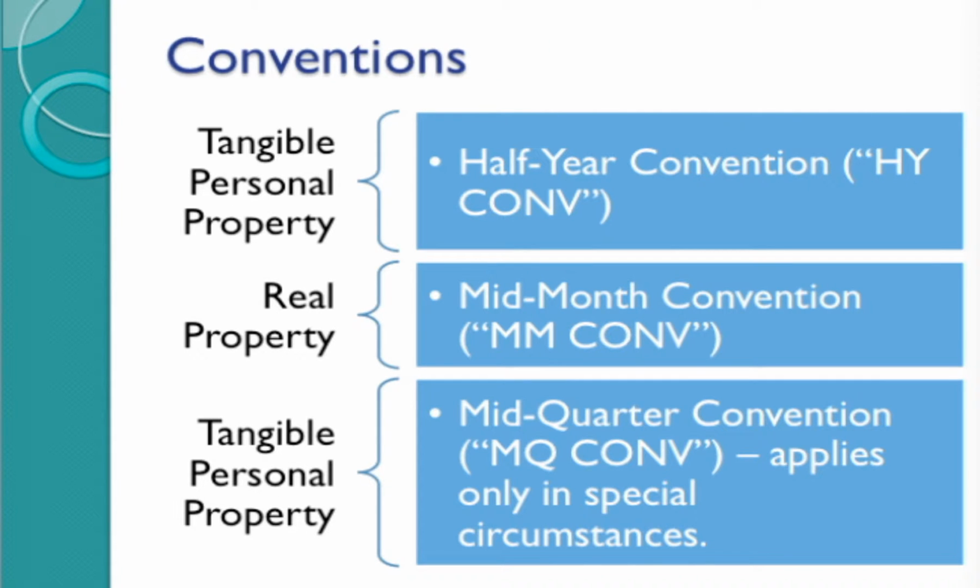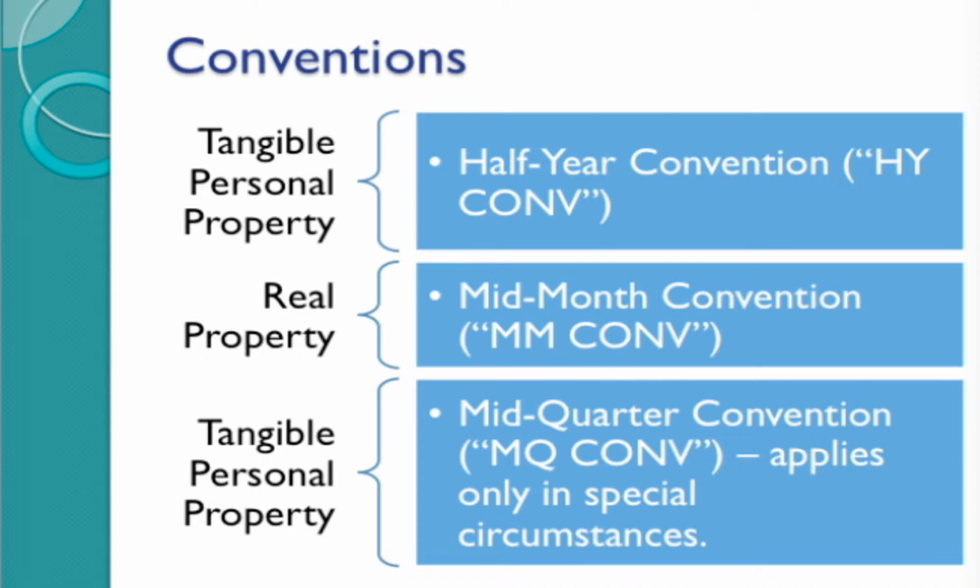We've got a half-year convention, mid-month convention, and mid-quarter convention. The half-year convention is generally used for tangible personal property, mid-month for real property, and mid-quarter only applies in special circumstances and only to some categories of tangible personal property.